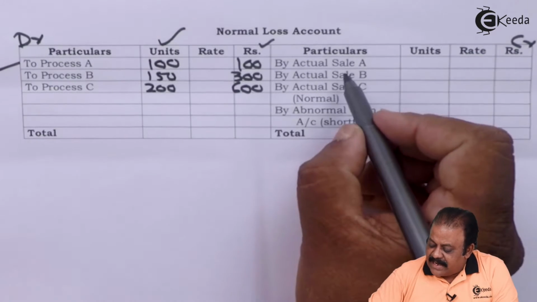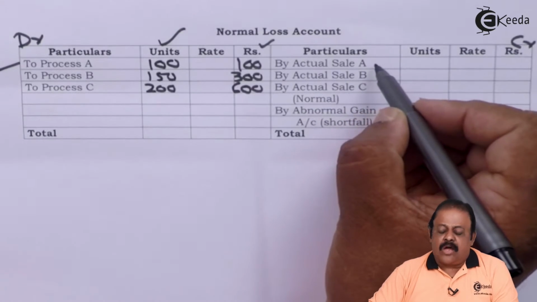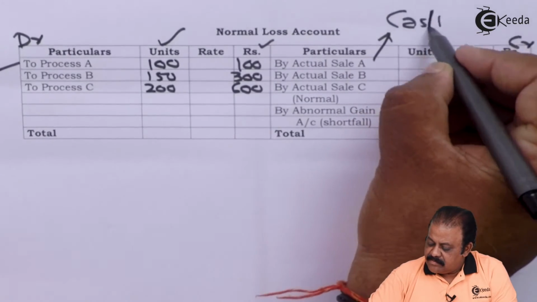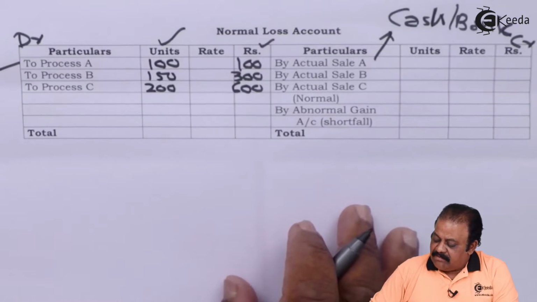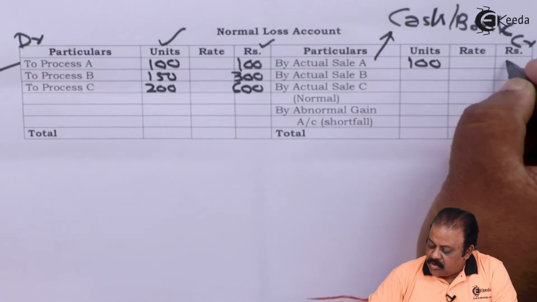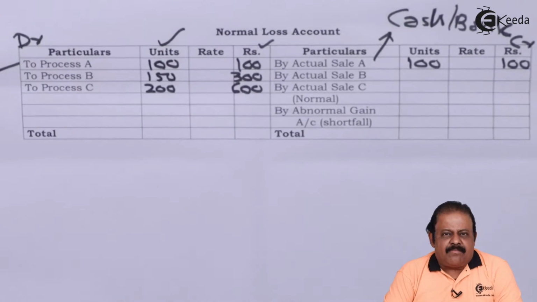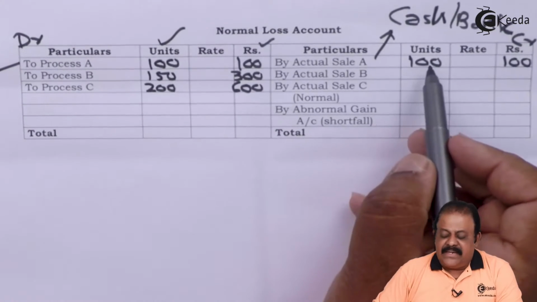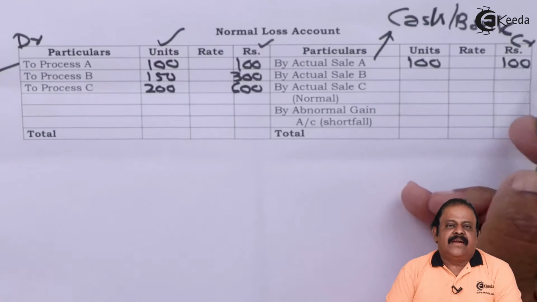So on the credit side we will write 'by actual sale of process A normal loss units', the cash amount we have received. We record 100 units in the units column and its value 100 in the amount column. That means if there is no abnormal gain, we record the same thing on the credit side.